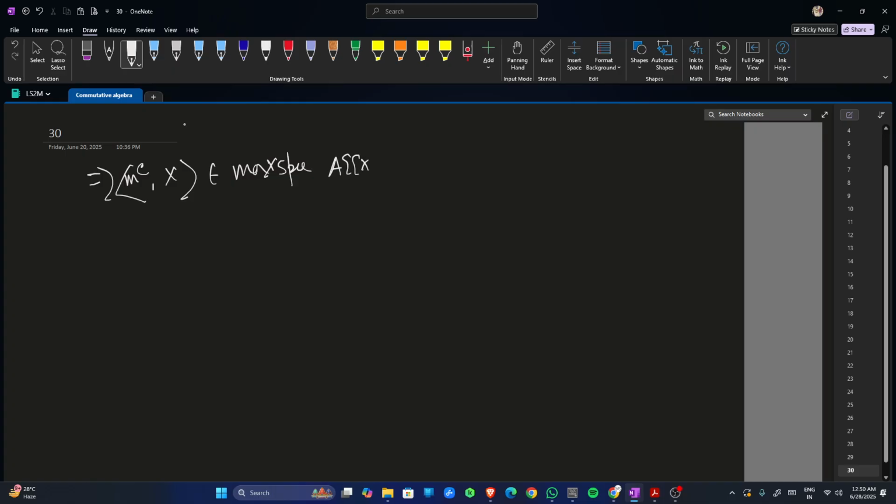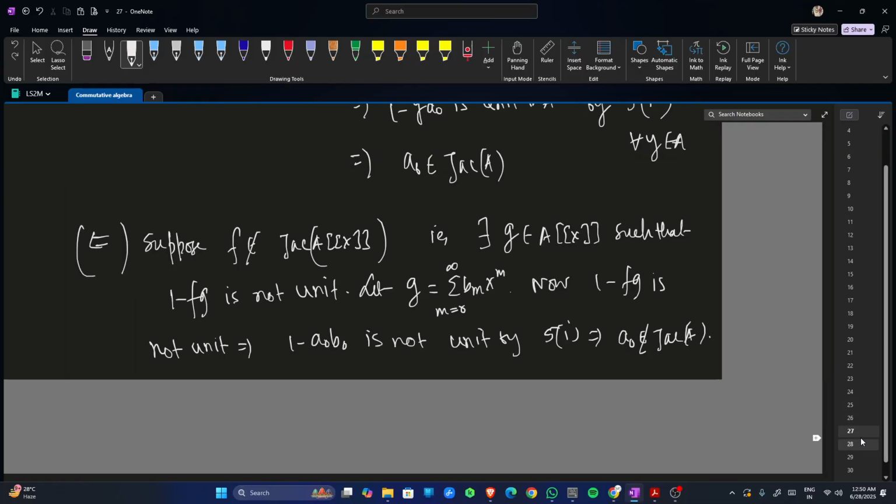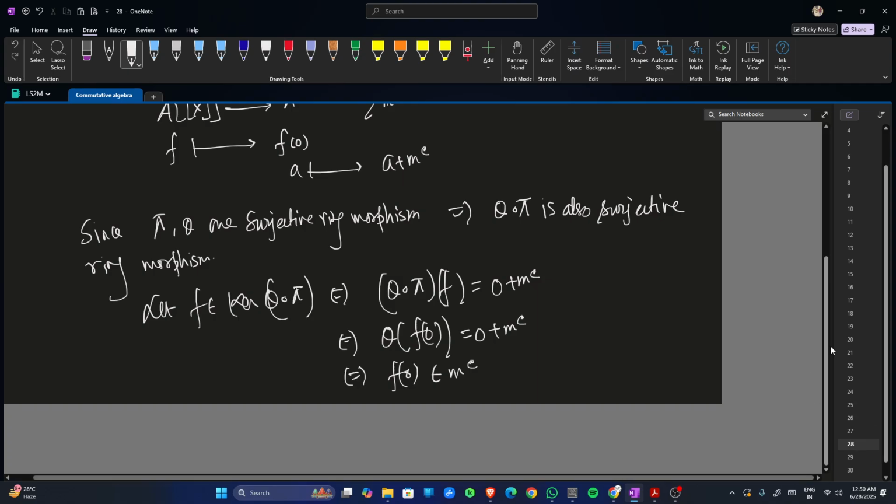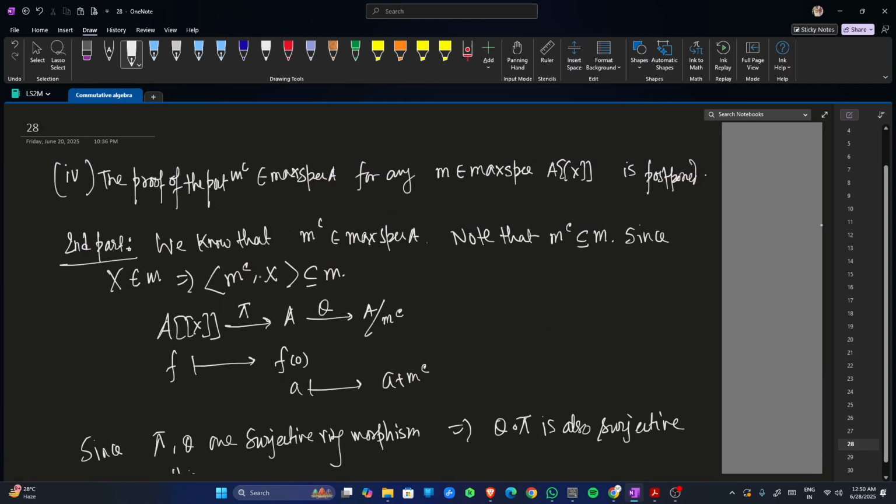of the power series ring. This implies m contraction comma x is the same as m, because the ideal generated by m contraction and x is already inside m.